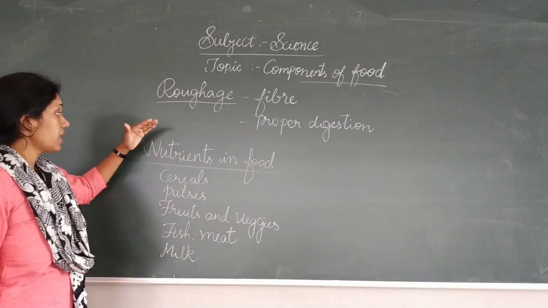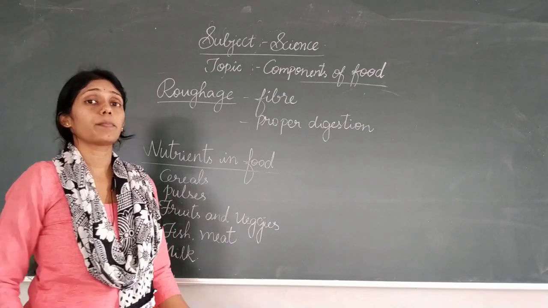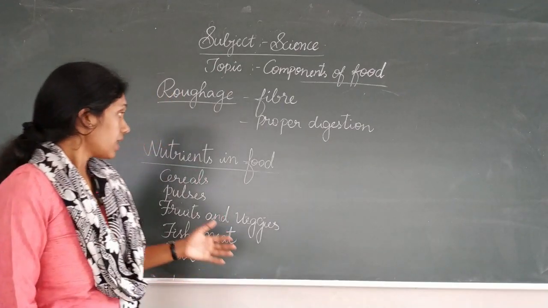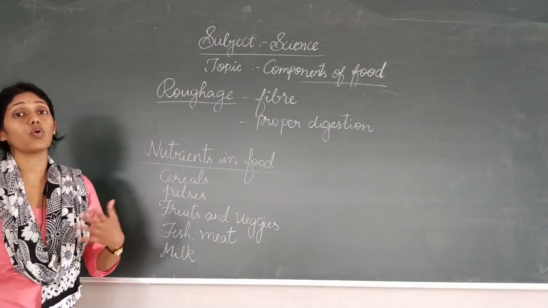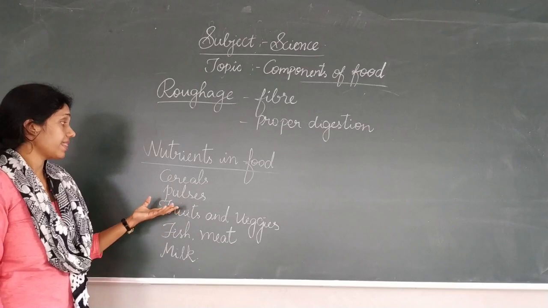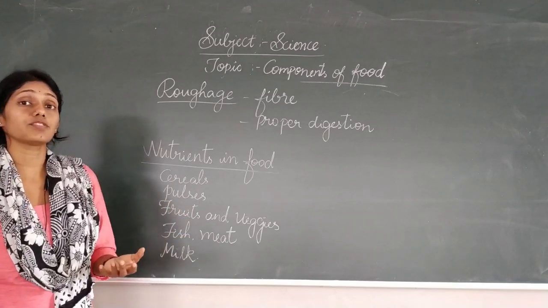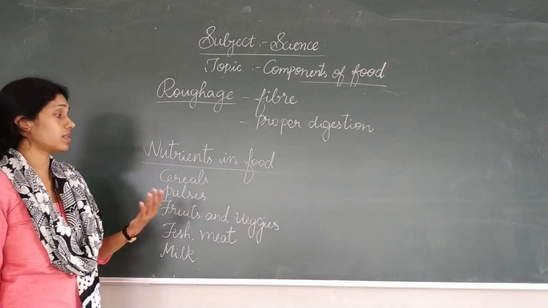So children, next it is nutrients in food. Nutrients present in the food. Now cereals, all of us know the cereals contain more carbohydrates and less proteins, right? And then comes pulses. Pulses will be having more proteins compared to other food.